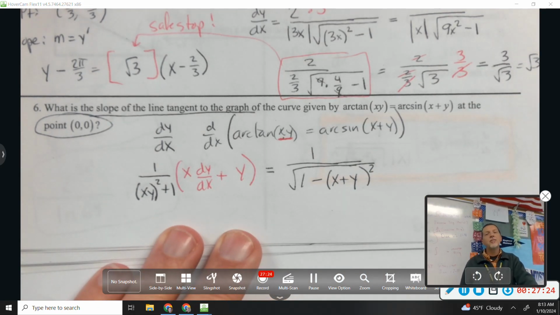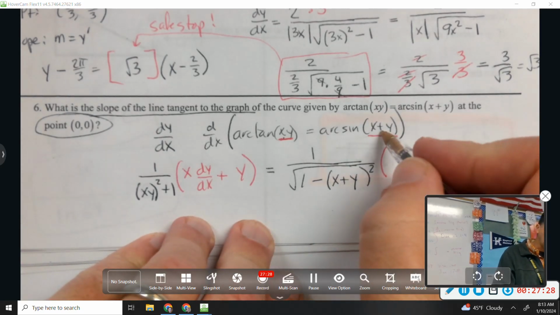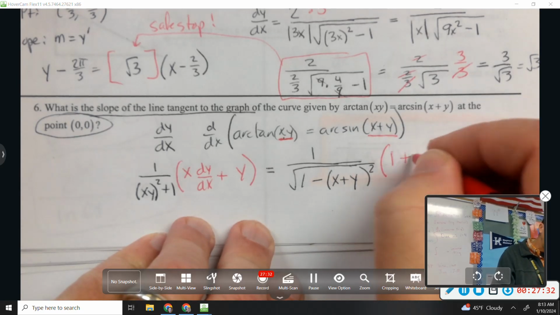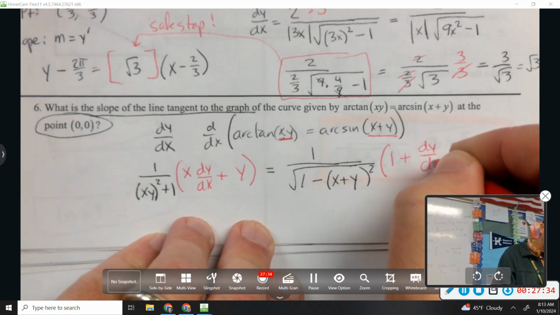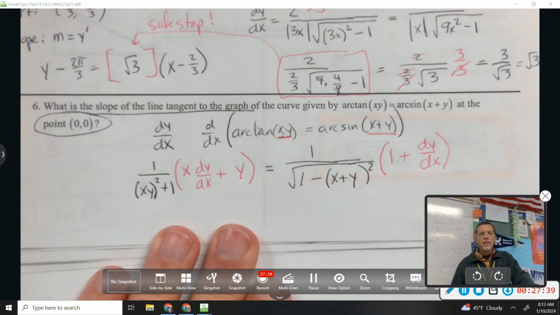And then chain rule off of x plus y. Well, that's not too bad since it's addition. It would be 1 plus dy dx. That's about as bad as we can make it.